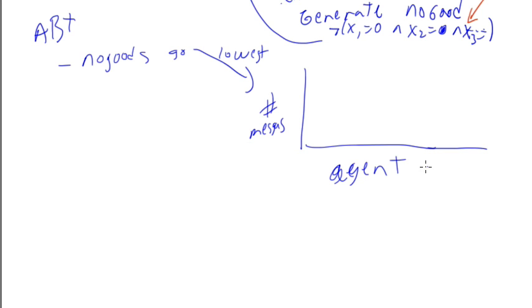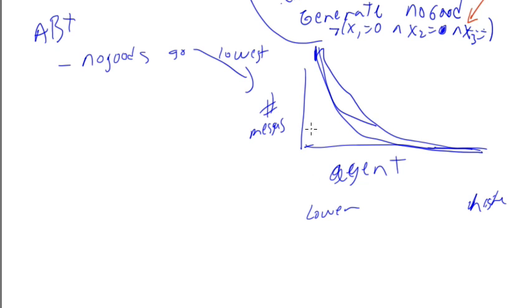So put the agents on the x-axis, with lower and higher priority agents, and as you might expect, the curve is something like that, where the lower priority agent, like this guy, does a lot of work, and it falls off pretty sharply. The higher priority agents get no messages, so they do no work, and that is because we're sending no goods to the lowest priority agent.